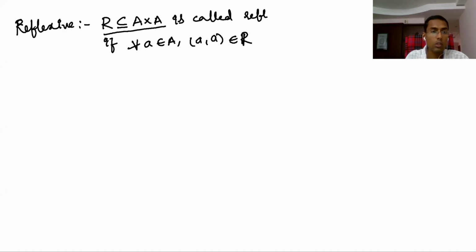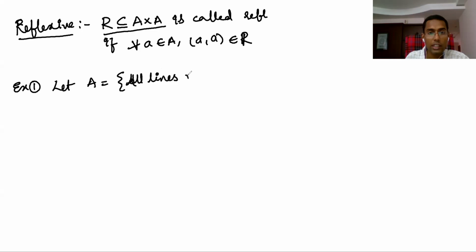So now we are on reflexive. I gave an example for this, a finite relation example. We are going to discuss more examples now. Here, let A be the set of all lines in the plane.